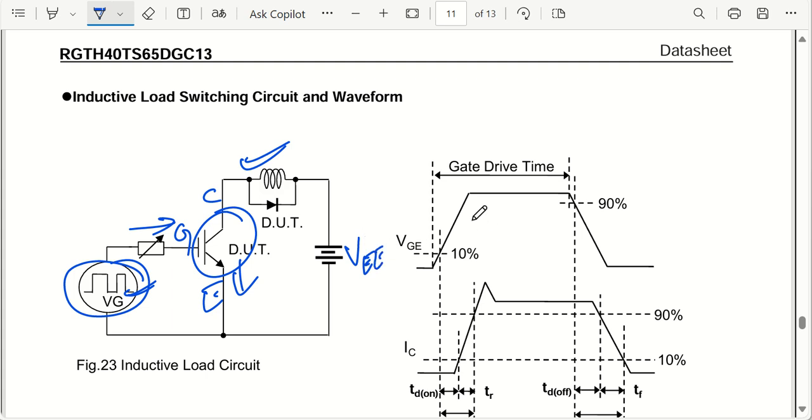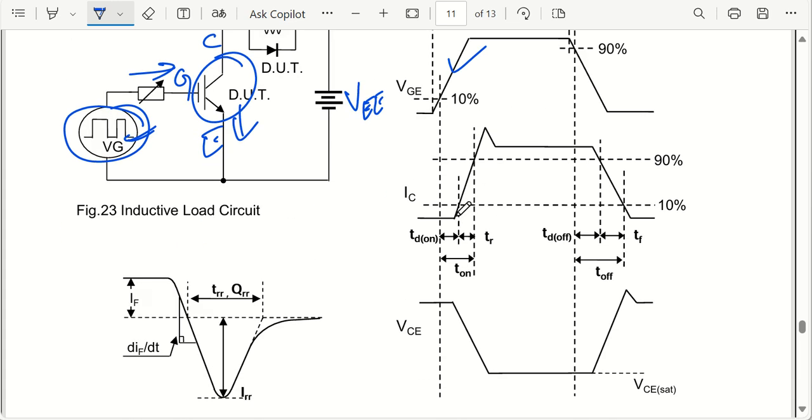Okay, so as you can see, we have a starting of gate pulse, and this is how my collector current starts increasing slowly. And as my gate pulse goes down, it will take a little time, which is called delay time, that will be there here. From here to here, the delay time will be there, and this much time it will take, and then it starts dropping down. And as my gate pulse goes up, what happens, my CE value goes down.